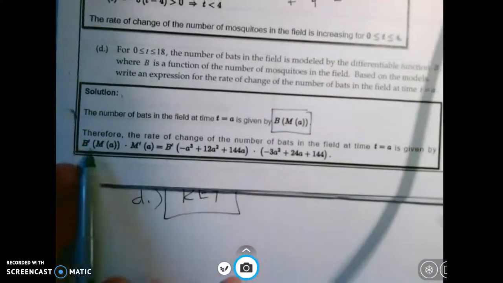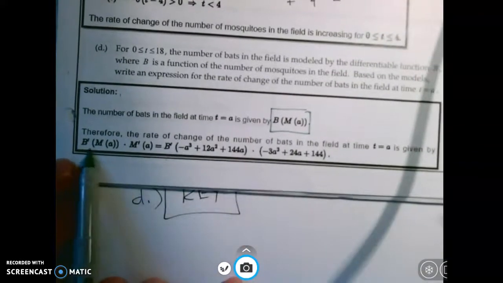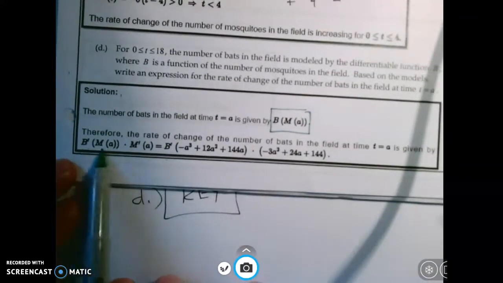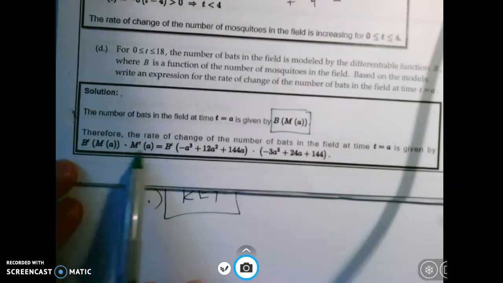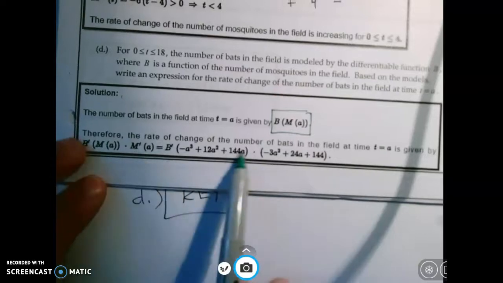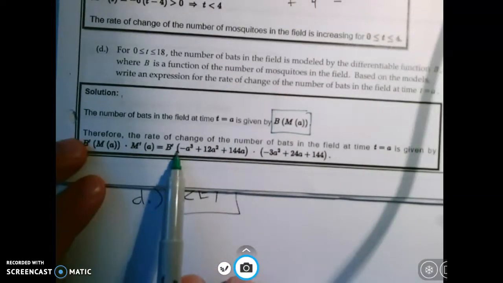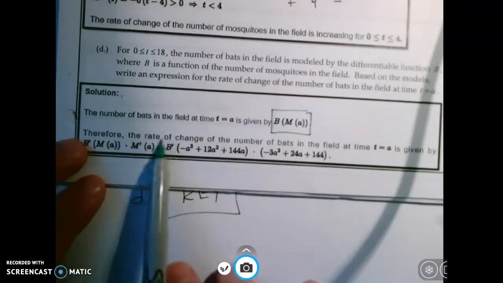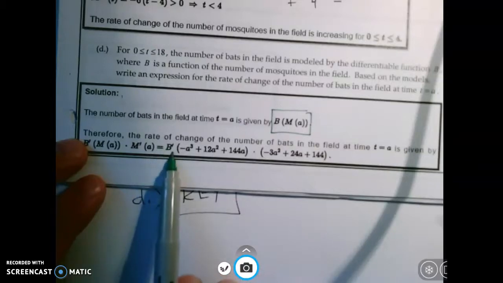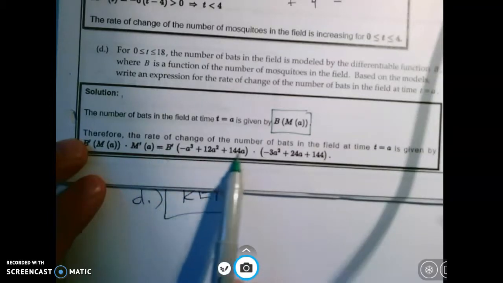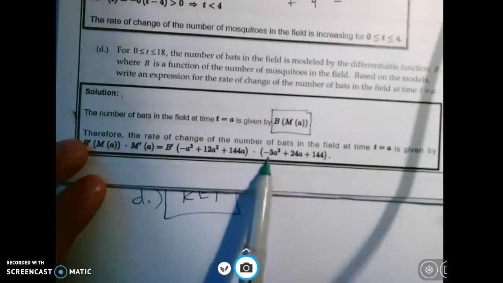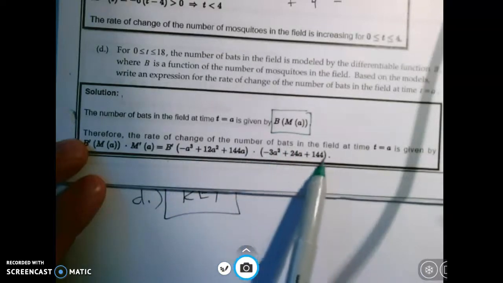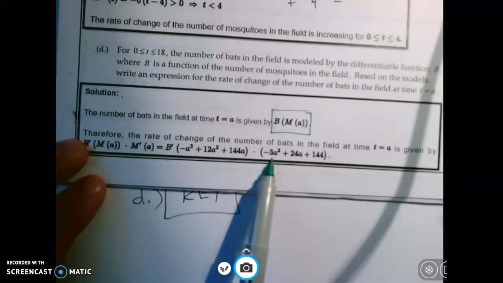When we take the derivative of this function, it becomes the derivative of the outside, b prime, of the normal inside, m of t, times the derivative of the inside. We have no idea what b is, so we just leave it as b prime. This is our original mosquito function, times the derivative of our mosquito function, m prime of t.